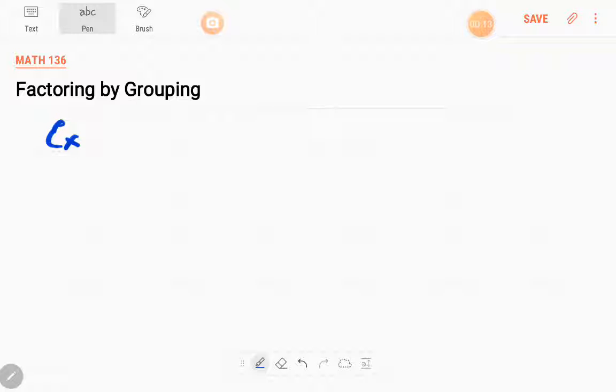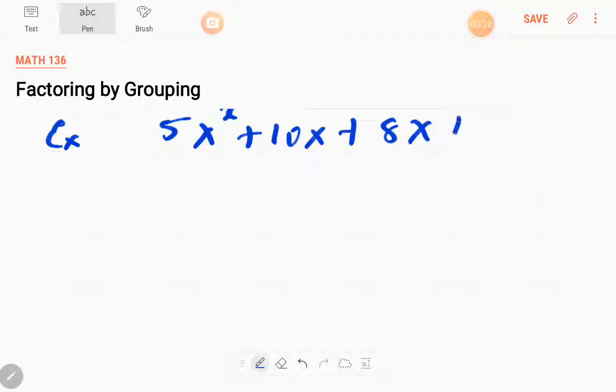So for example, if we have 5x squared plus 10x plus 8x plus 16. If we look across here, we'll see that 1 is the only thing in common to all 4 terms.